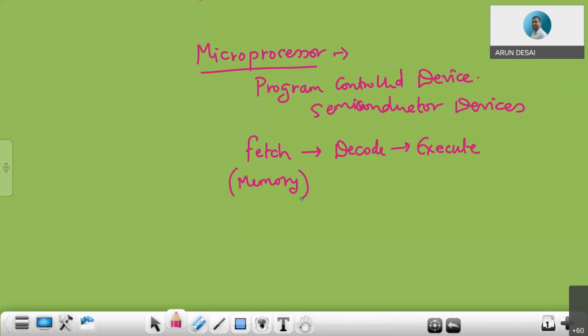The microprocessor is used as the CPU in computers. What is CPU?